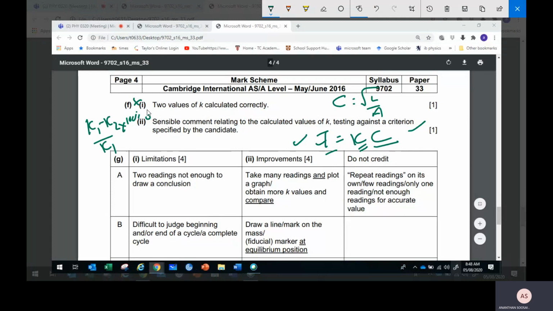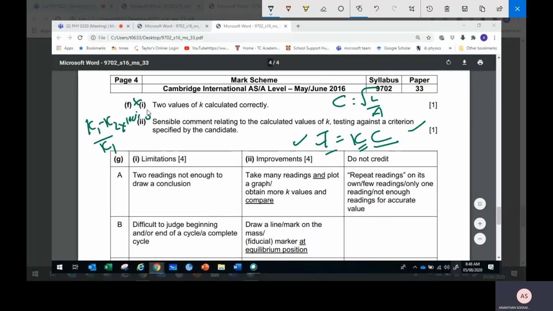First K, you got 2. Second K, you got 2.2. Find the percentage difference of the K. So, K1 minus K2 is like a modulus. Modulus means make it always positive. You can go K1 minus K2 or K2 minus K1, it's fine. Big minus small.